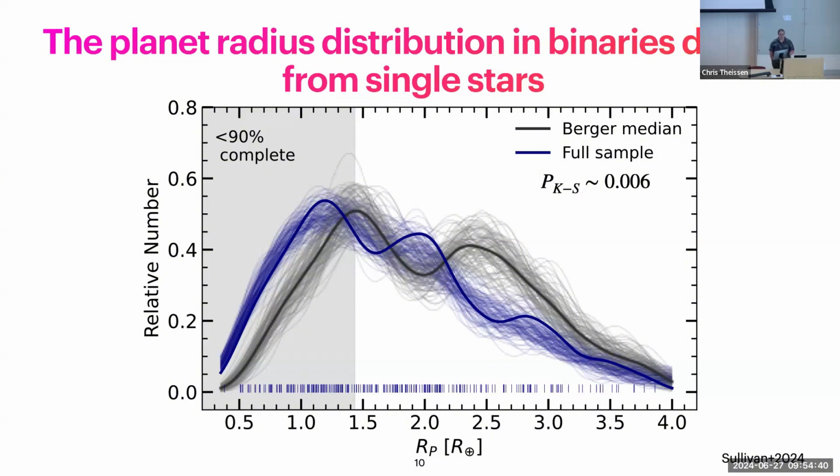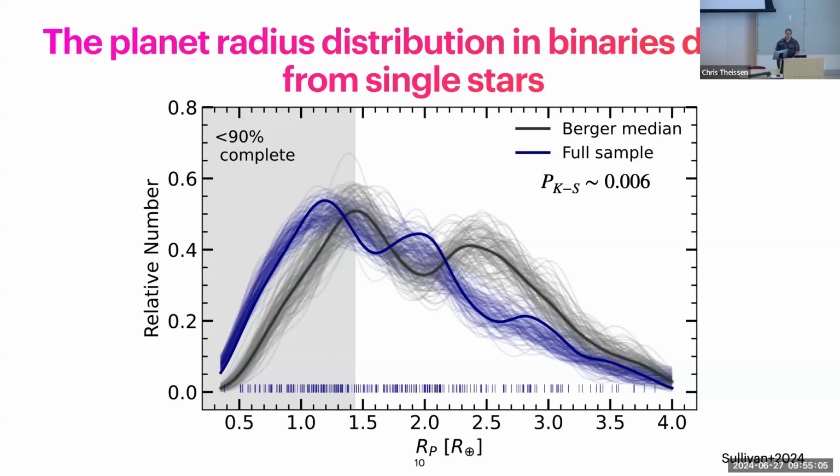The black line is the single stars, from Travis Berger's revision of the Kepler objects of interest properties. And the purple line is our full sample marginalized over binary separation. And you can see that already starting to maybe hint that there are some differences between the binary star population of planets and the single stars.